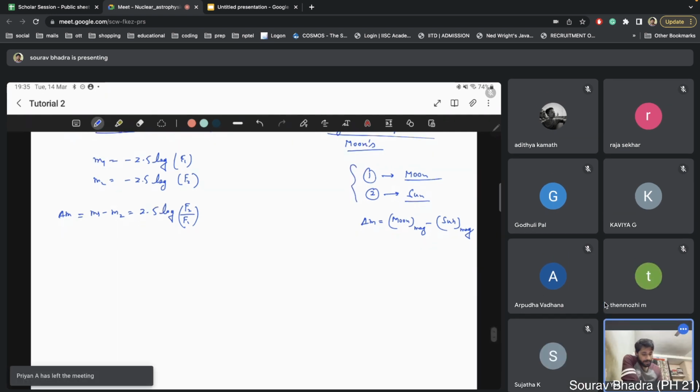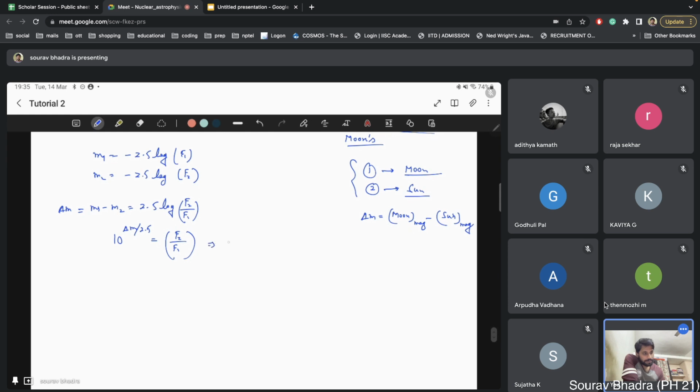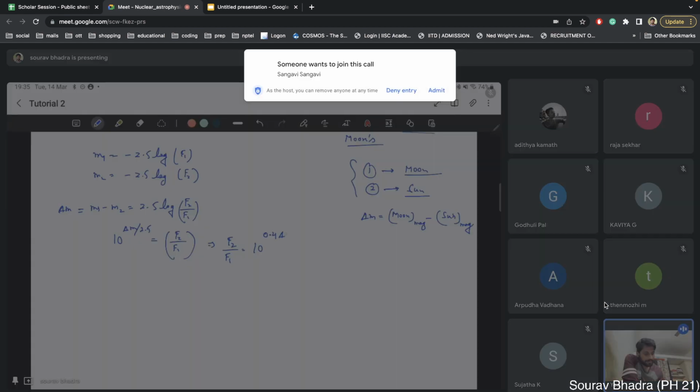Okay. Now if I convert this equation, 10 to the power delta m by 2.5 is actually F2 by F1. That means F2 by F1 is equal to 10 to the power 0.4 times delta m.